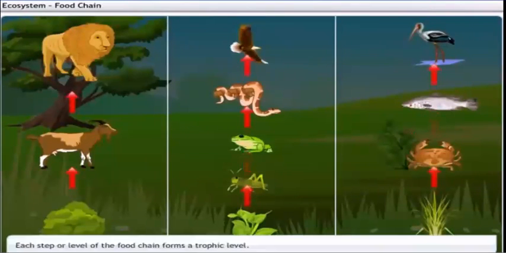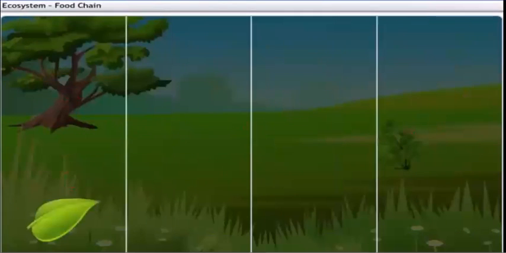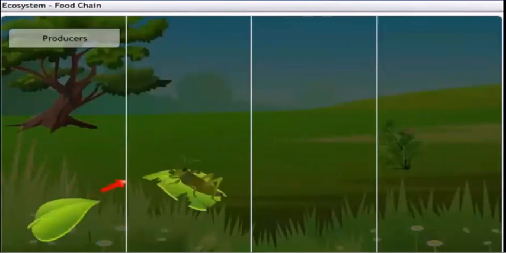Correct. Each step or level of the food chain forms a trophic level. Trophic levels are categorized as per their feeding behavior. The autotrophs, or the producers, that is, the plants, are at the first trophic level.